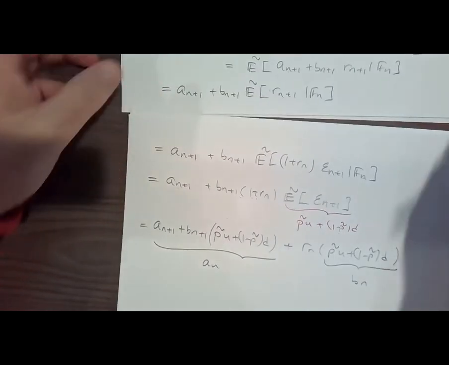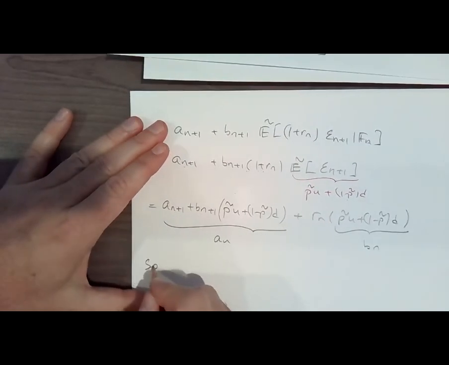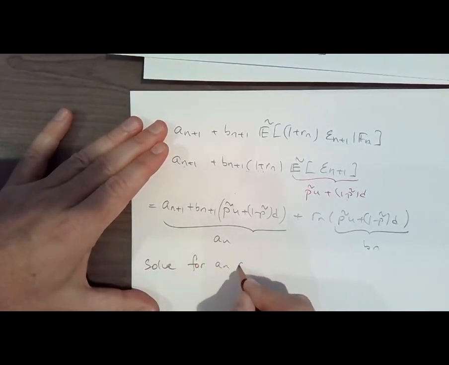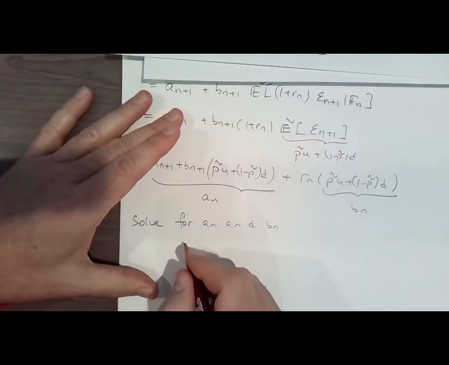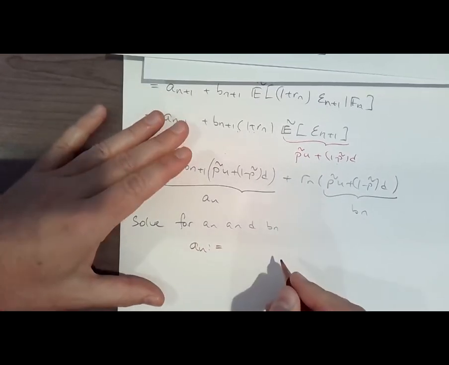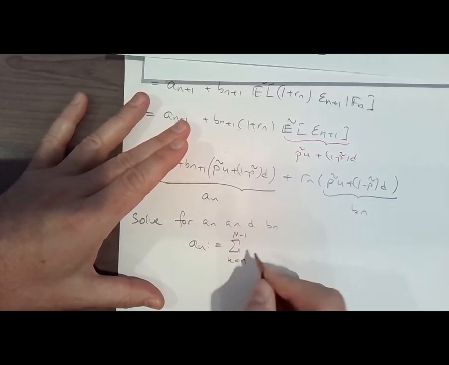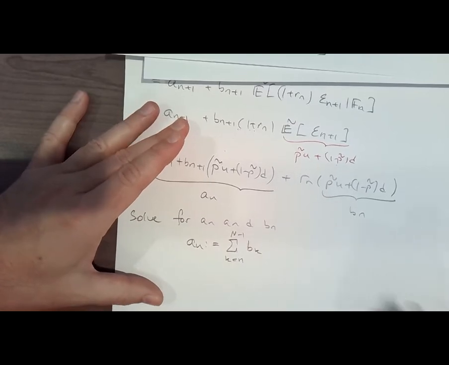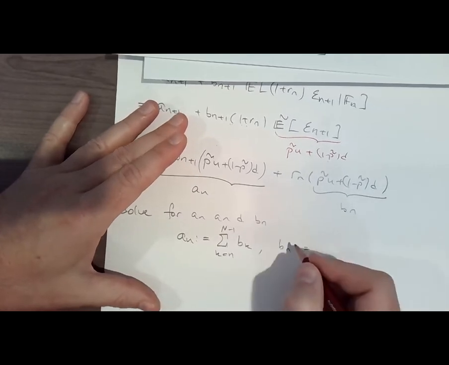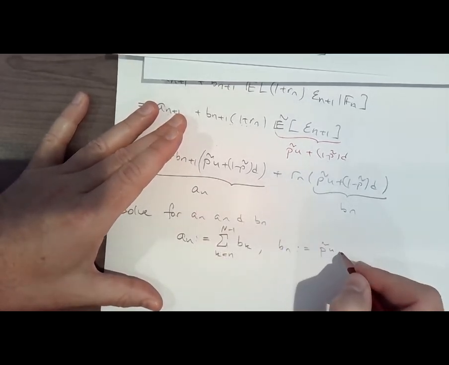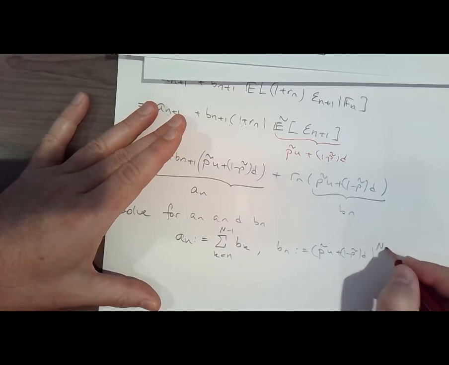We could, of course, try to solve the recursions like we did before. We could solve for an and bn. I think the one that works is an being a sum from n to n minus 1 of bk, and the bn's are these p tilde u plus 1 minus p tilde d to some power n minus little n.